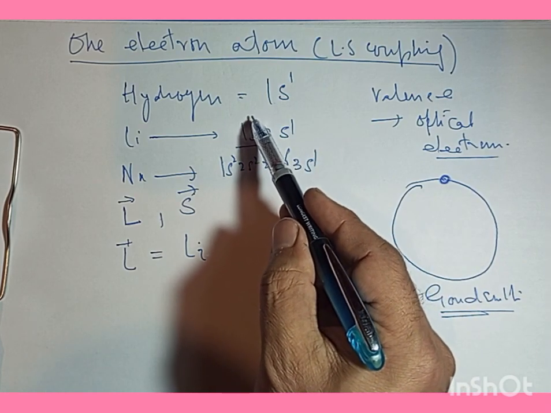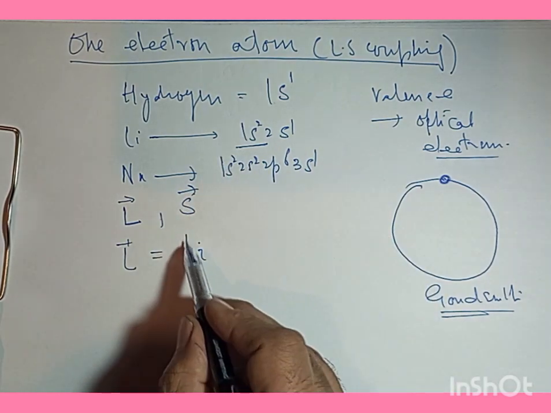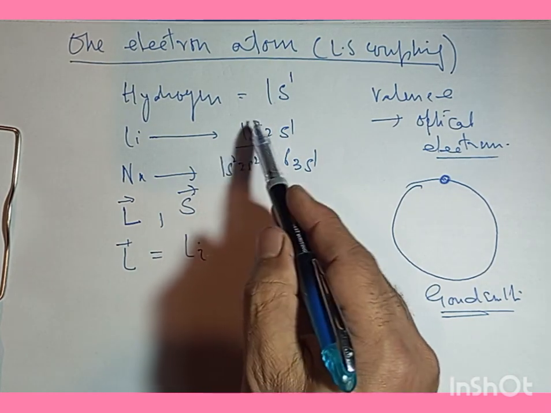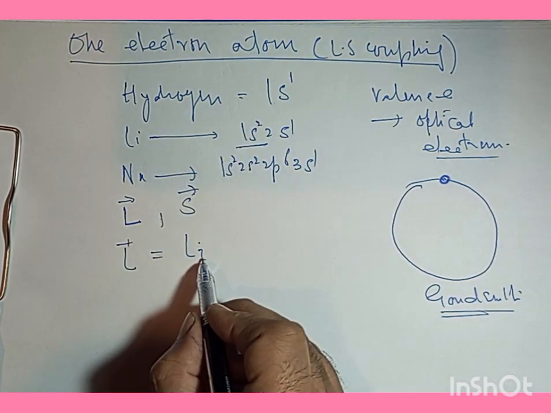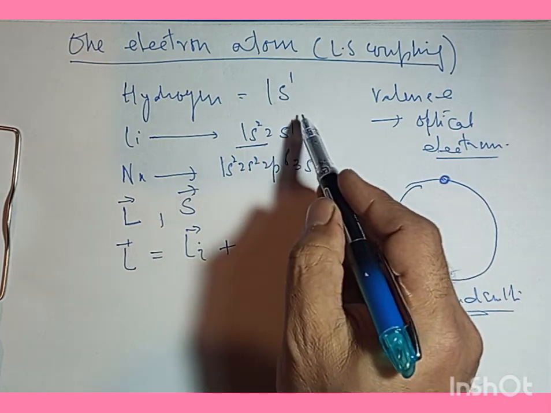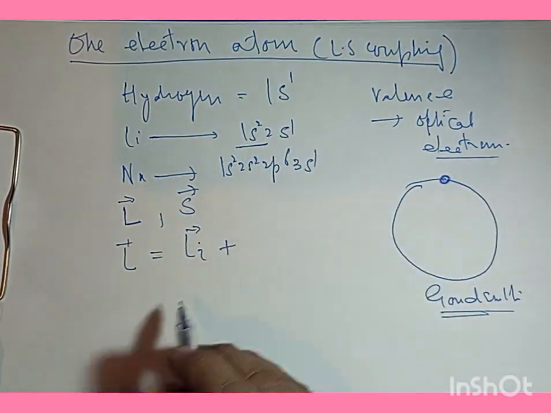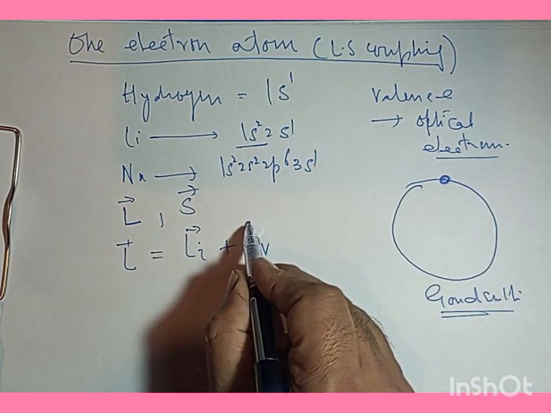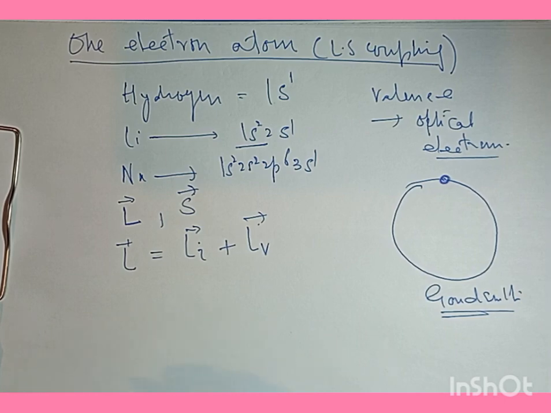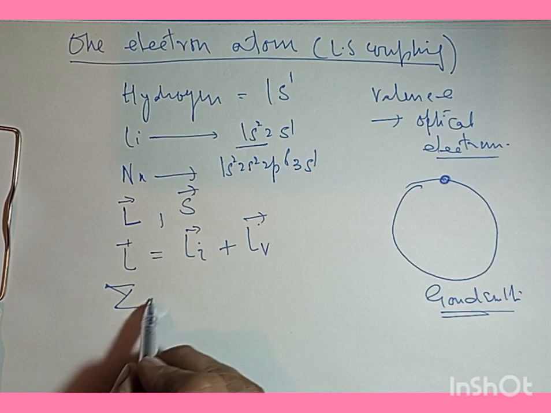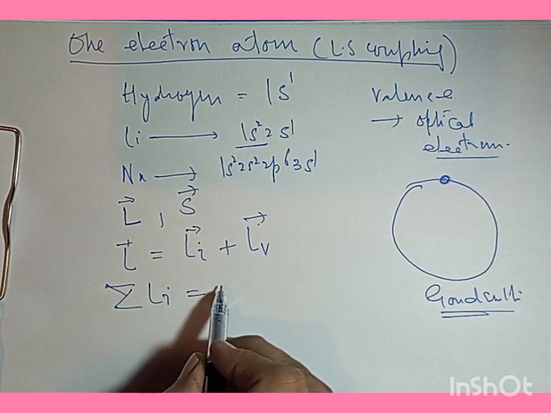In case of the completely filled orbitals, I assume that the vector sum of the angular momenta of the closed orbitals for lithium is given by sigma Li, and the orbital angular momentum due to this optical electron or valence electron is Lv. Similarly, we will have the same situation for spin angular momentum. But what is important here is that in the closed shells, this sigma Li will be equal to 0.